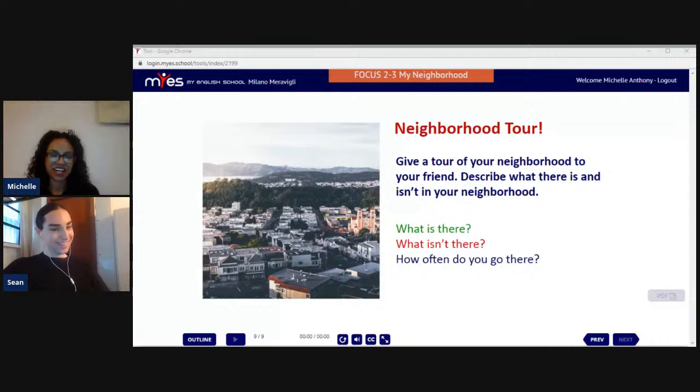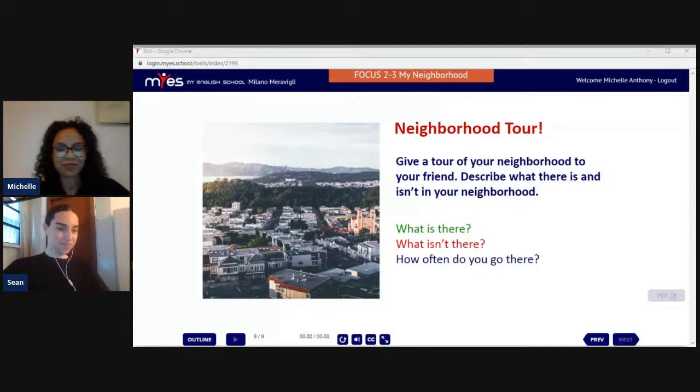Okay, I'll start. If I was to just come out of the metro in Porto Romana, on the right, right at the beginning, you would see a big McDonald's. So I would say there is a McDonald's. And as you move into the neighborhood, there are many shops selling clothes and household items.